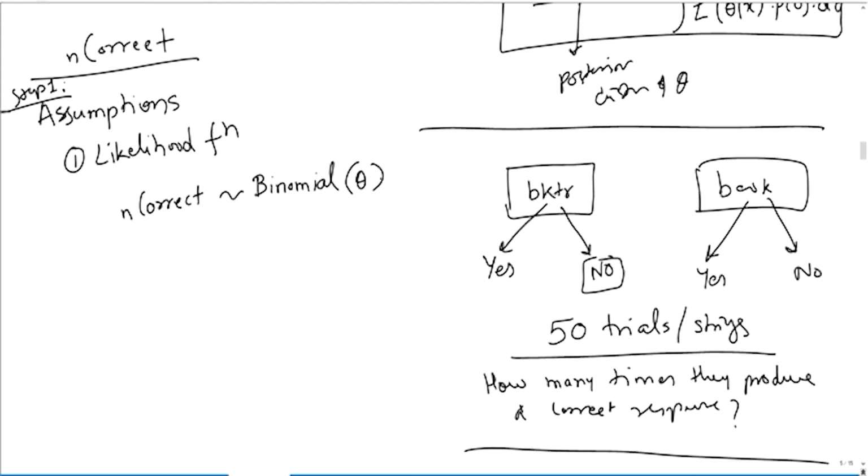So theta is the underlying probability of correct response in the ith trial, right? And this is theta.